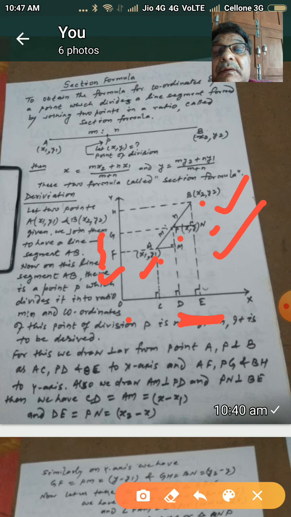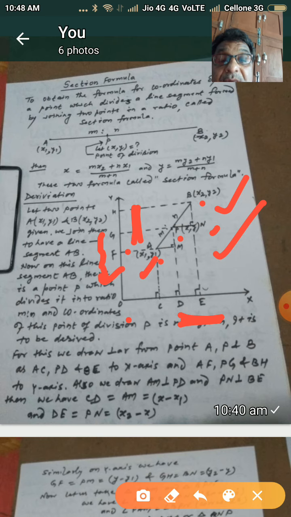Again we have GF equal to y minus y1, because GF equals OG minus OF, and OG is y and OF is y1, so FG equals y minus y1. Similarly, GH equals OH minus OG, and OH is y2, OG is y, so GH equals y2 minus y.